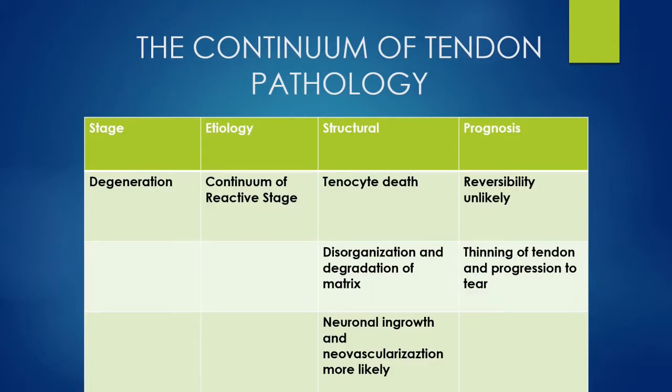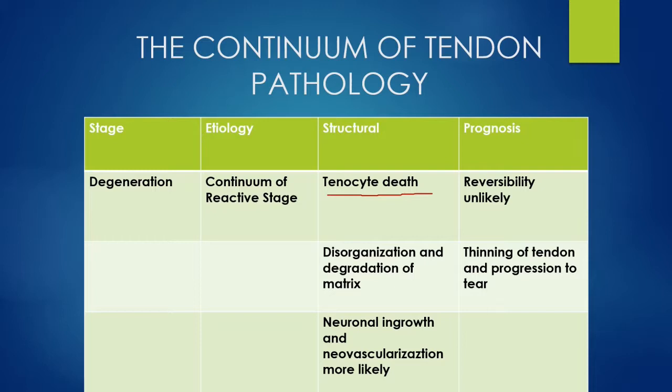The final stage of tendon pathology is the degenerative stage. In the degenerative stage, we're now going to see changes in the tendon cells. We're going to see the tenocytes undergoing apoptosis, which is cell death. We're going to see further disorganization and degradation of the matrix, where type 1 collagen becomes replaced with immature and weak type 3 collagen.